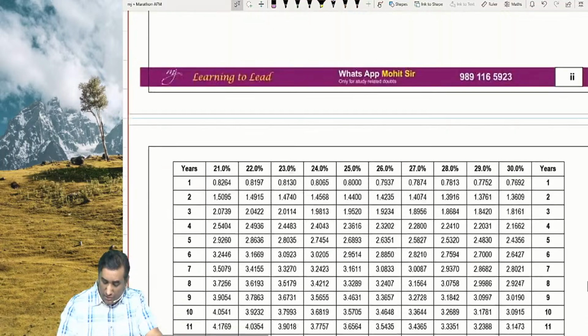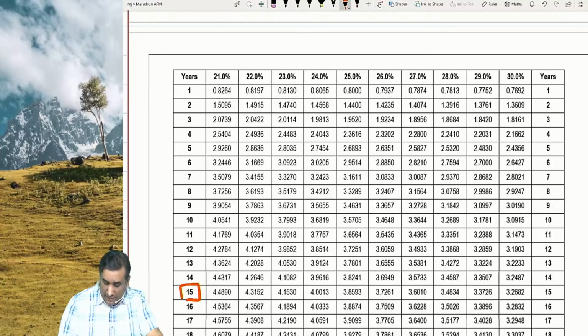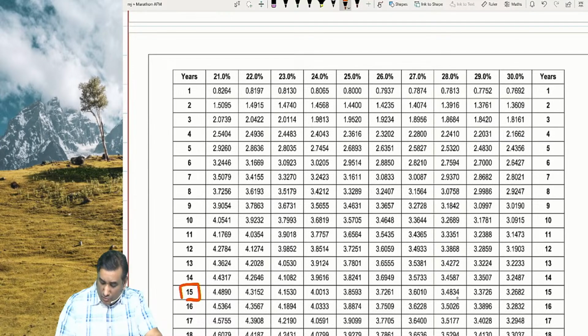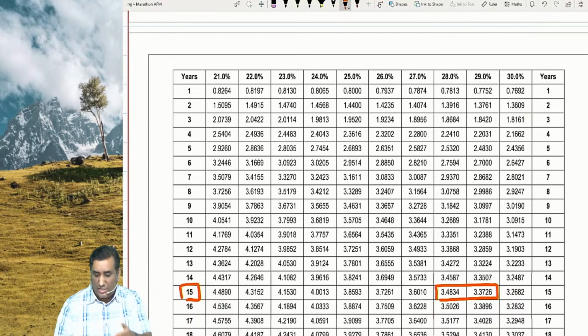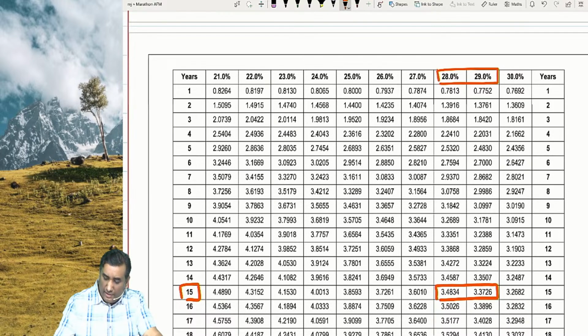Then I go into the next slide, 15 I highlight, 3.48, very good, I am getting somewhere, 28, and approximately it's coming 28 only. Approximately it is coming 28, but if you take 4 digits, you can find accordingly. So my two discounting rates are 28 and 29.